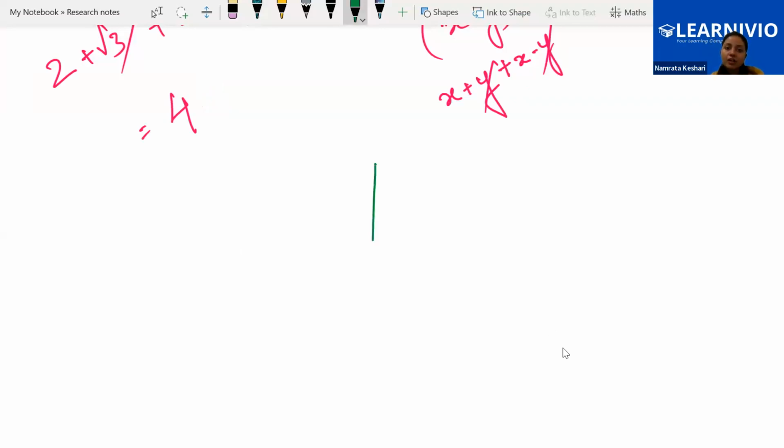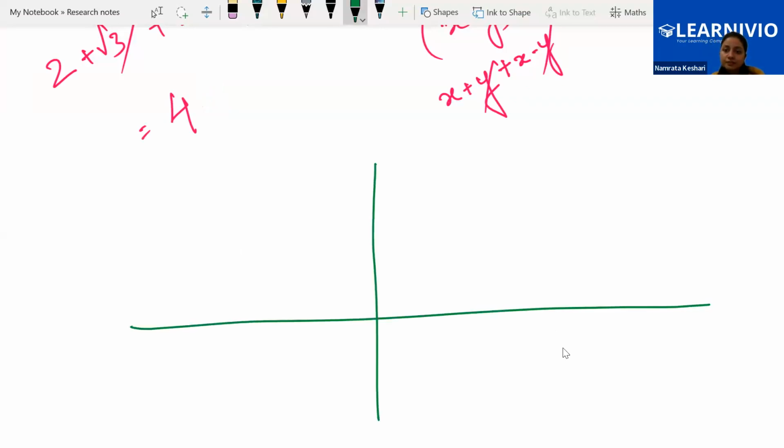So if we have the coordinate axes, 1, 2, 3, 4, 5, 6. This one is our x-axis and this one is our y-axis.